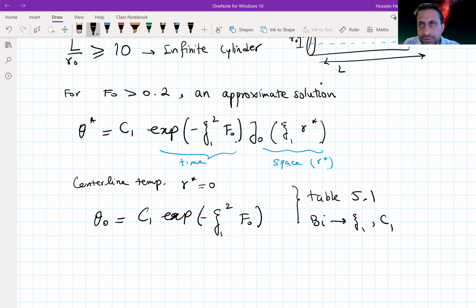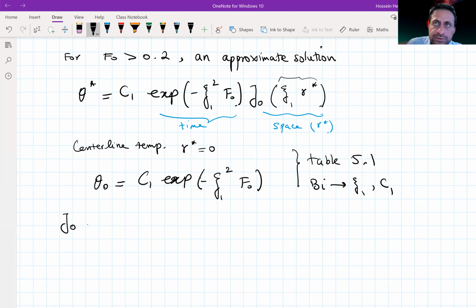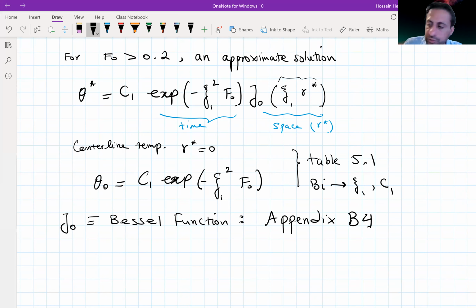And for the Bessel function, there is a table that gives you the values of the Bessel function for each argument that we have inside it. We can find out what the value of the Bessel function would be. So J0 is the Bessel function, and you can find a table in appendix B4.